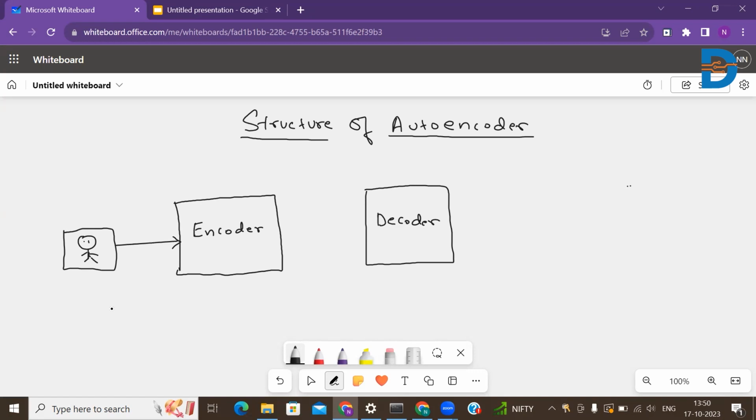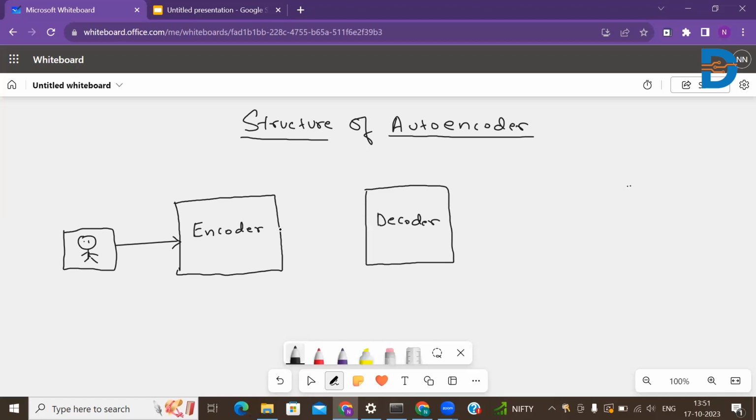So what is an encoder? Your encoder is something with which the model learns how to reduce the input dimension and compress the input data into an encoded representation. So it takes the image, reduces the dimension of this particular image and compresses it.